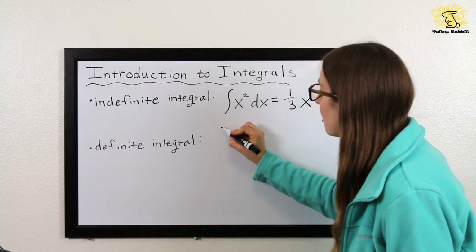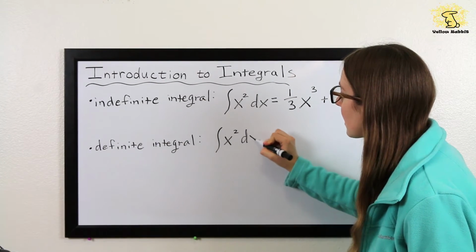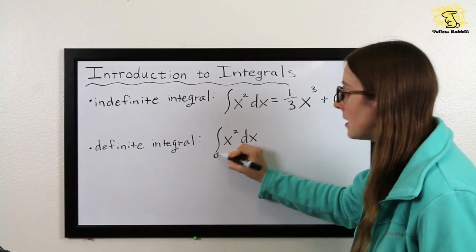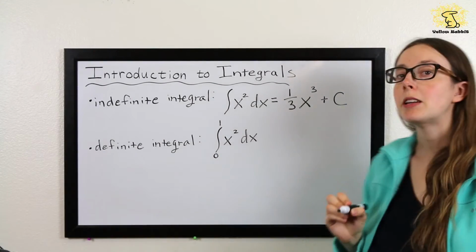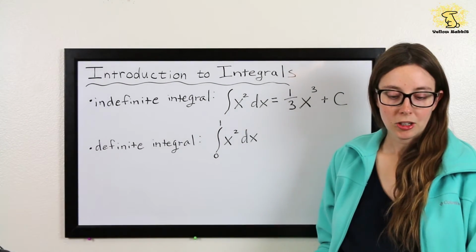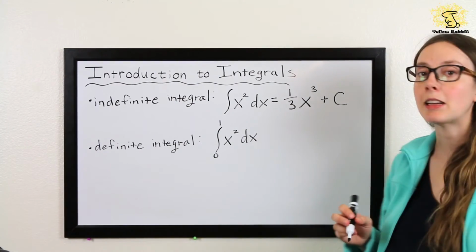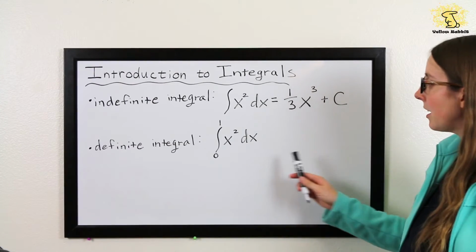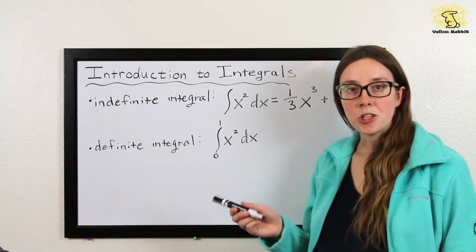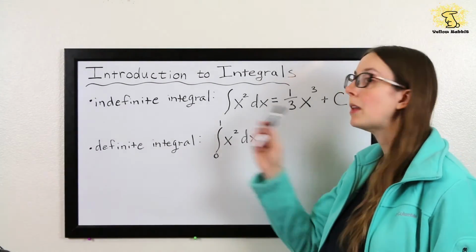So for example, if I were to now write integral of x squared dx with the defined limits of a lower limit of 0, upper limit of 1, this would now be a definite integral. Solving a definite integral is very similar to the indefinite integral. We'll start with the antiderivative, but we then evaluate that antiderivative at the two endpoints, and specifically we'll subtract the lower endpoint from the upper endpoint.